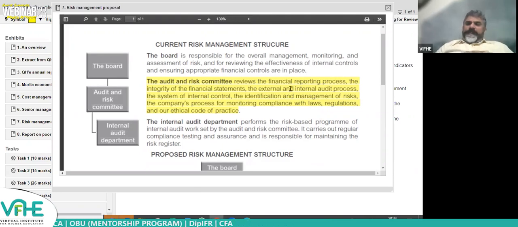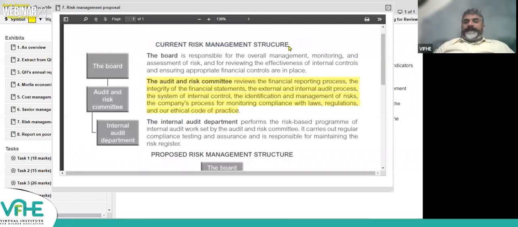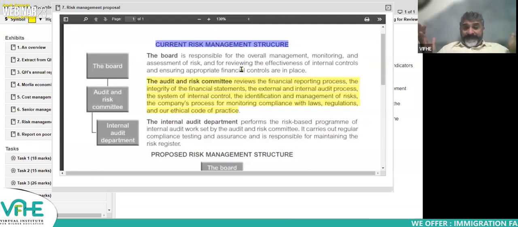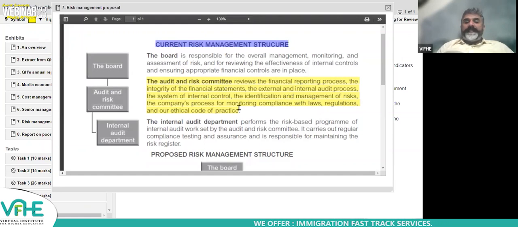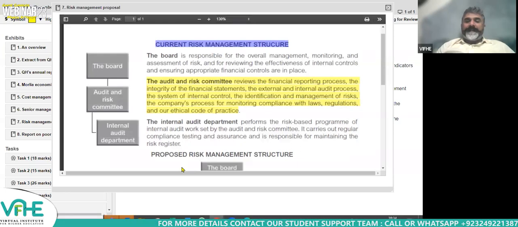It's a pretty straightforward exhibit. It is first talking about the current risk management structure. They have a full board, which is overall responsible for everything. Then they have an audit and risk committee, and this shows the TOR. What is TOR? Remember from yesterday? Terms of reference, yes. So what is the job of the audit and risk committee?